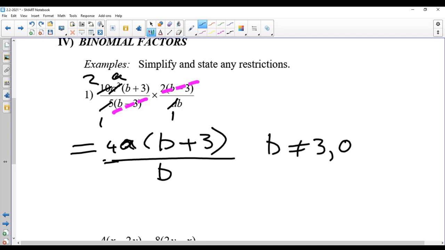Yes, go ahead. There you go. A cannot be equal to 0, because that would also cause a problem. So A cannot be 0, but B cannot be 3 and B cannot be 0. Sorry, go ahead. It is AB, yes. It was AB before.